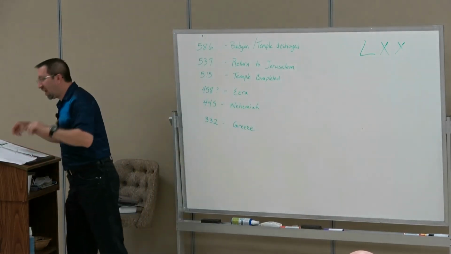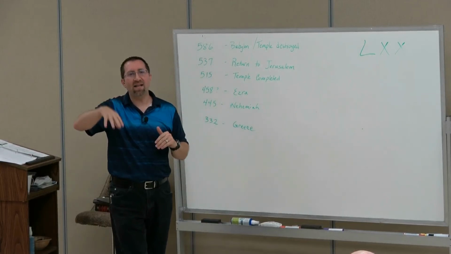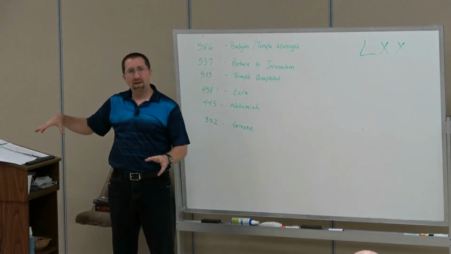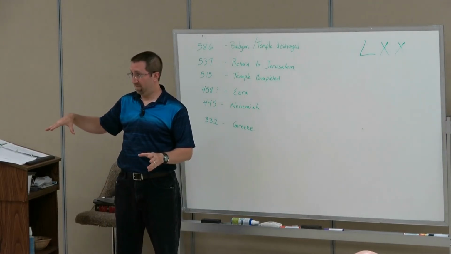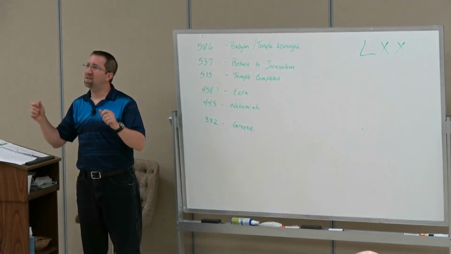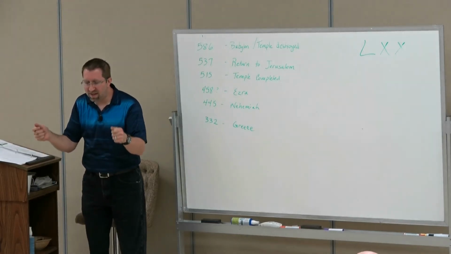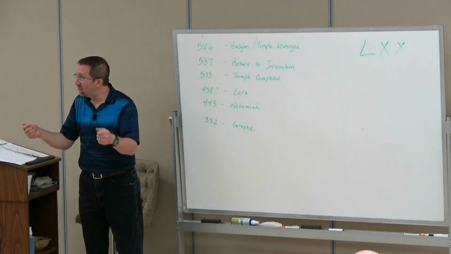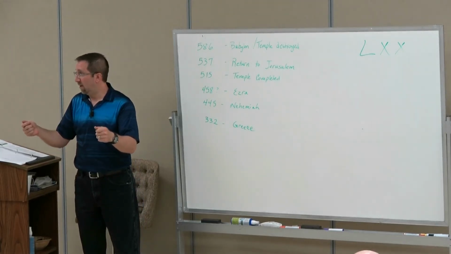Now, that is likely the documents that the common people in the New Testament would have read. Okay? It is not necessarily the documents that were read during the synagogue meetings, because they had the Hebrew scrolls. Okay?